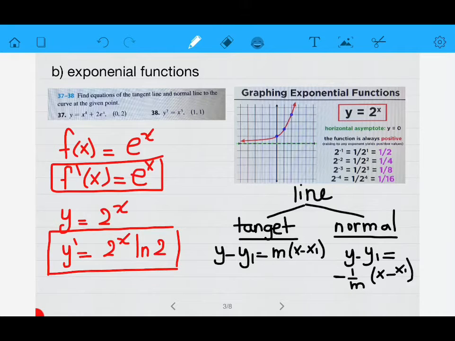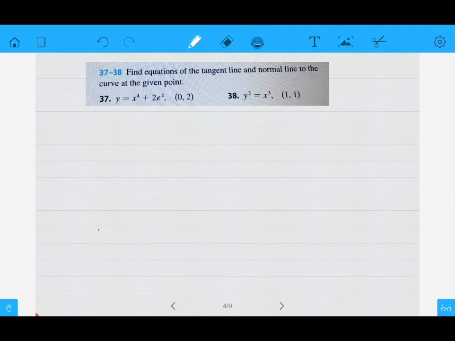This is the difference between them. Now how can you solve this one? In equation number 37, first you want to find the derivative.